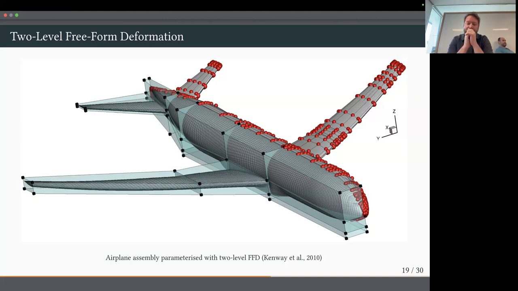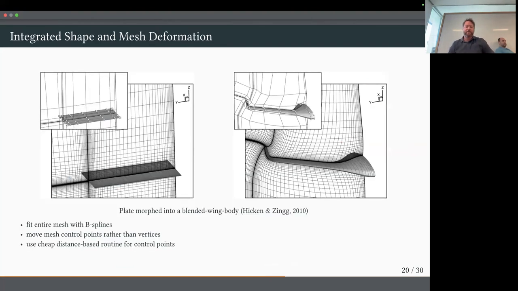They're shown in red. Now, rather than build a freeform deformation cage to connect to the surface, we're going to use a freeform deformation cage to connect to the red points, so our control points for the B-spline surfaces. And this has been used in a few places, but it's new for us applying it in this high-speed flow regime. So that's the approach Reese built.